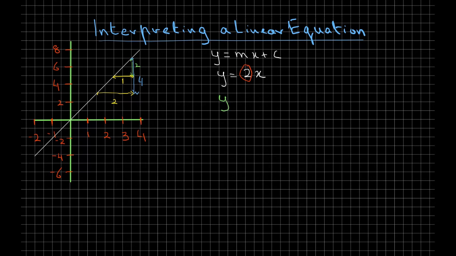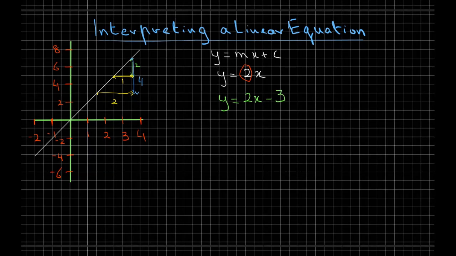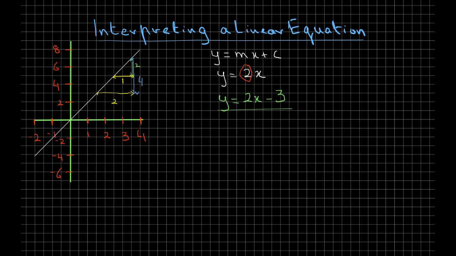Now let's think about the line y is equal to 2x minus 3. So what that means is I have to shift this line down by 3 units. As I shift this line down, the ratio of the change in y to the change in x is not going to change.